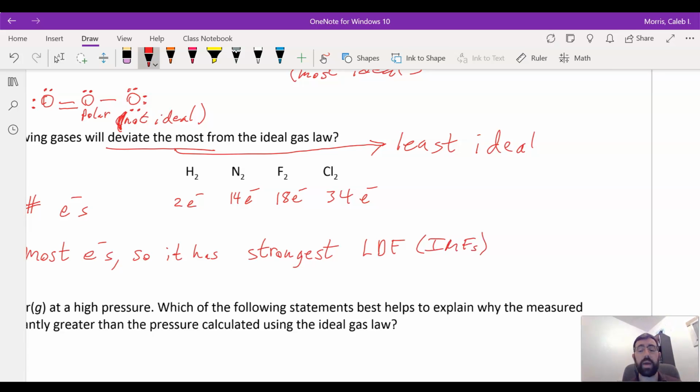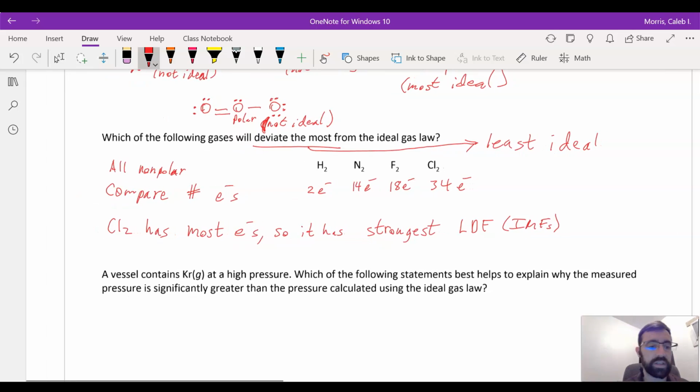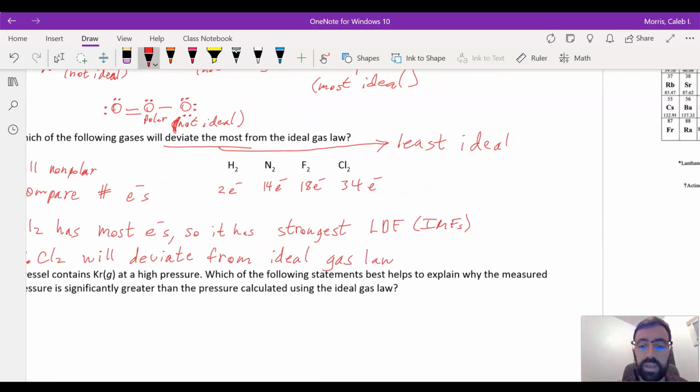And remember, the stronger the IMFs, the less ideal they are going to be. So we could say, therefore, Cl2 will deviate from the ideal gas law the most.